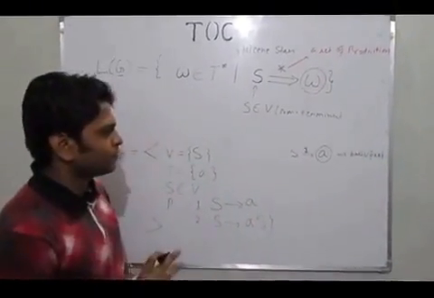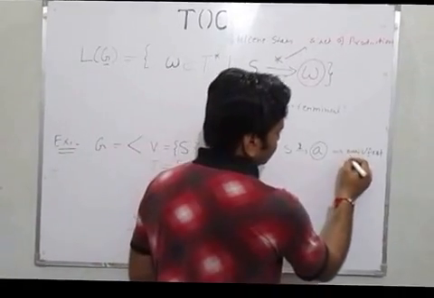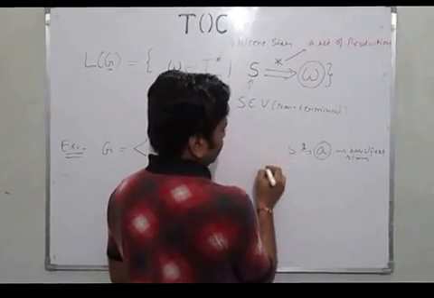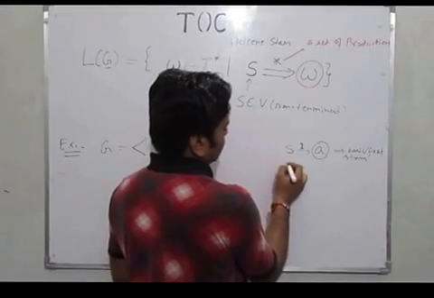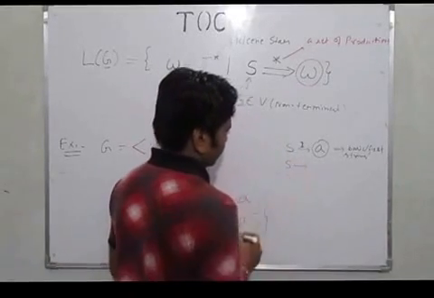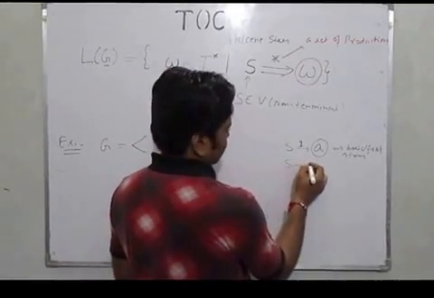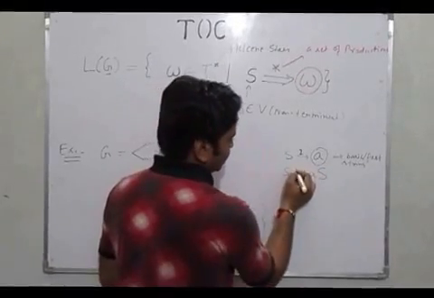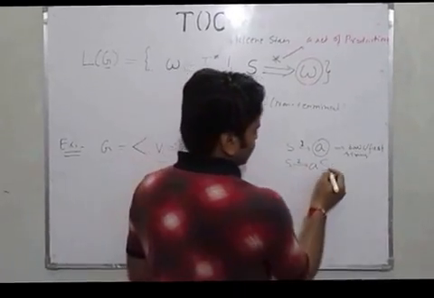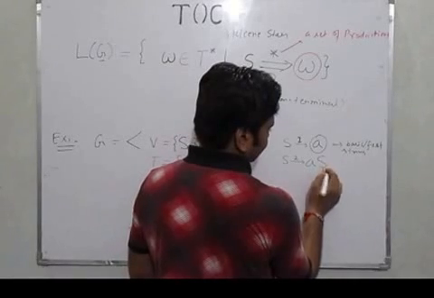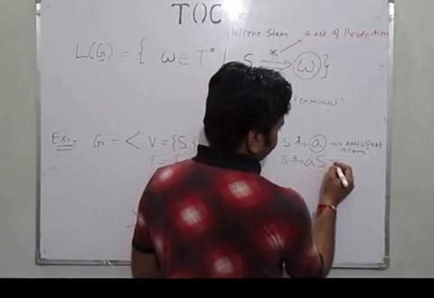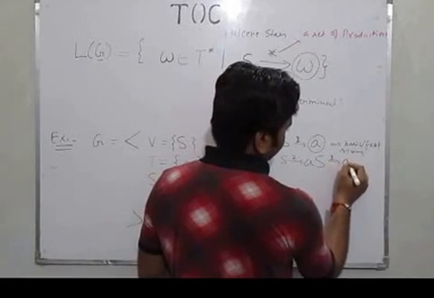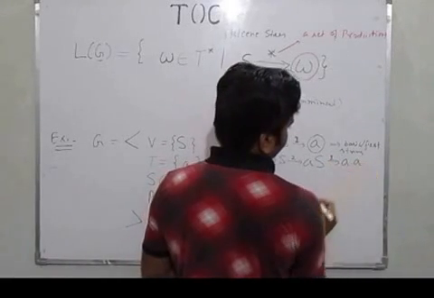Then I have aS using the second production, and this S can further be derived using rule 1 to obtain aa.